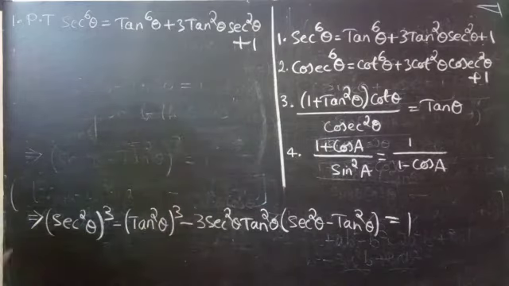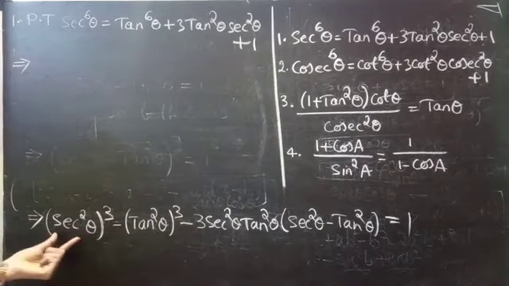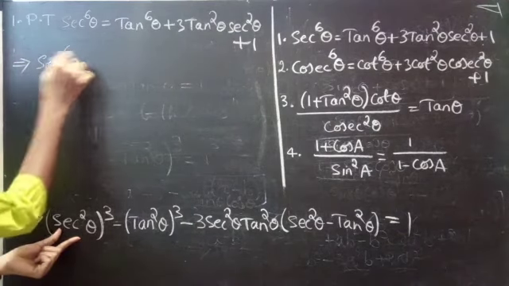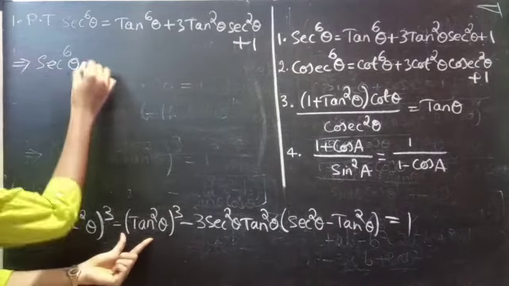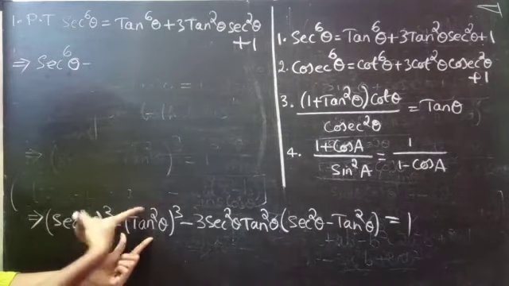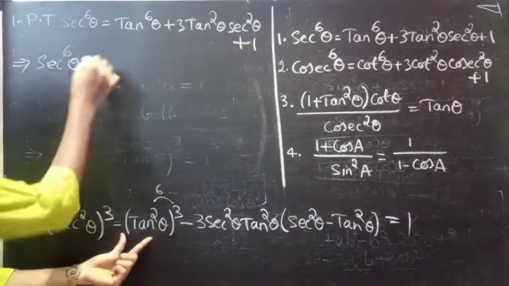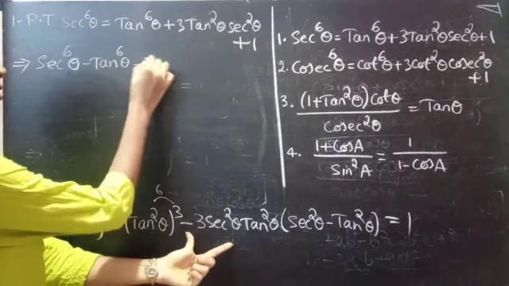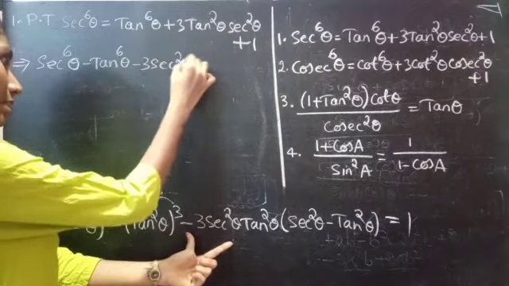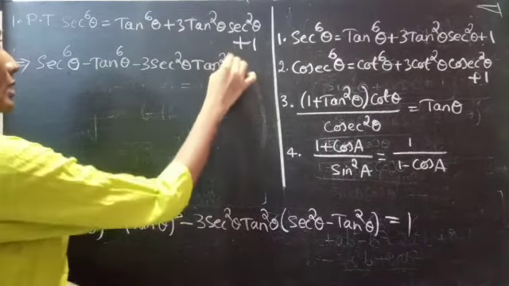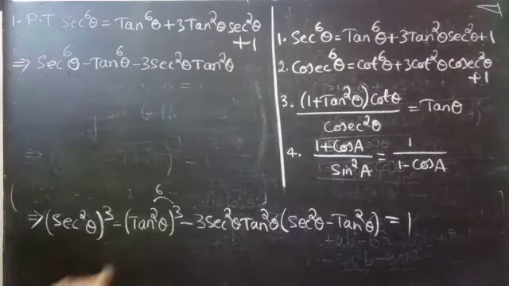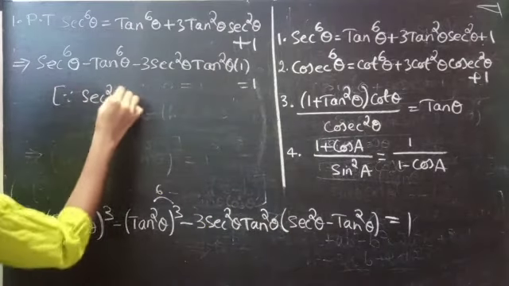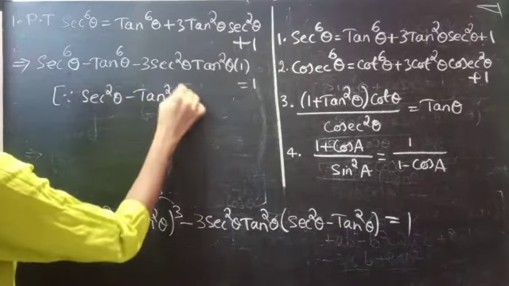Okay. So now this becomes secant square theta whole cube. 2 3s are 6, so you'll get secant power 6 theta minus tan square theta whole cube. 2 3s are 6, so you'll get tan power 6 theta minus 3 secant square theta into tan square theta into 1 equals to 1, since secant square theta minus tan square theta equals to 1.